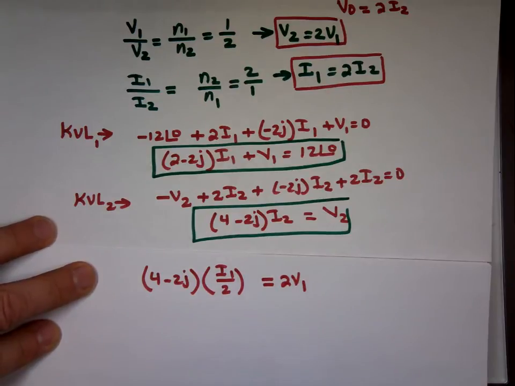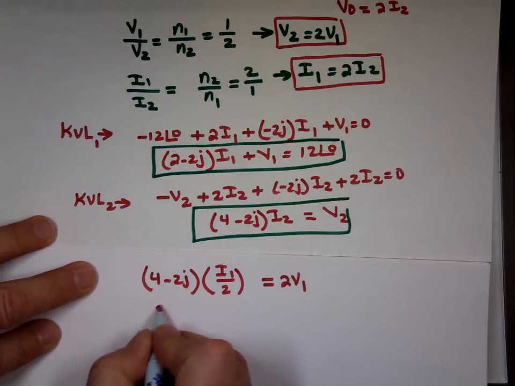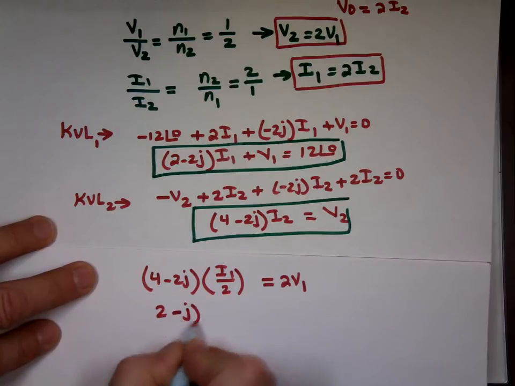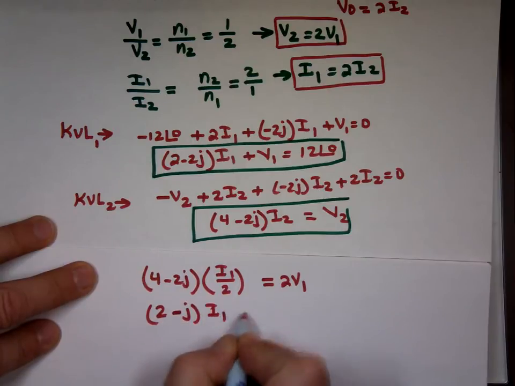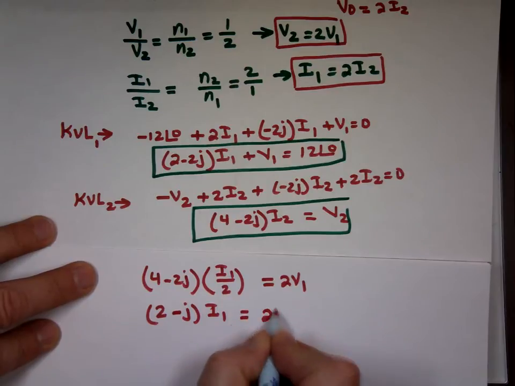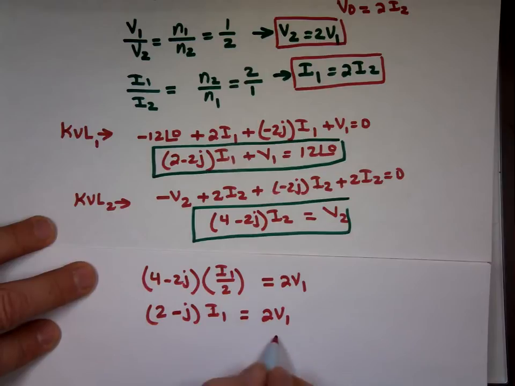Do the math. Divide this by 2, that's 2 minus j I sub 1 equals 2V1. And what is V1 equal to? 2 minus j over 2 times I sub 1.